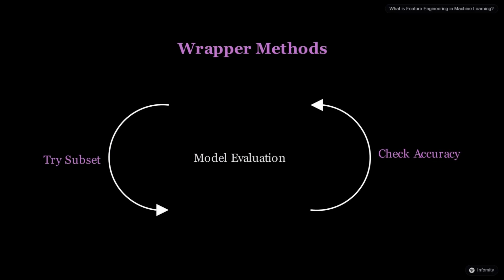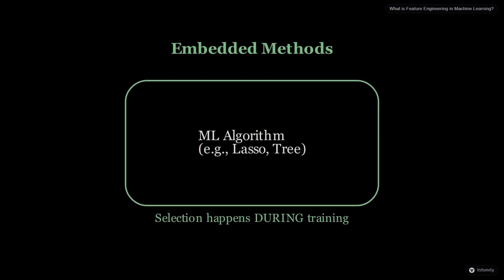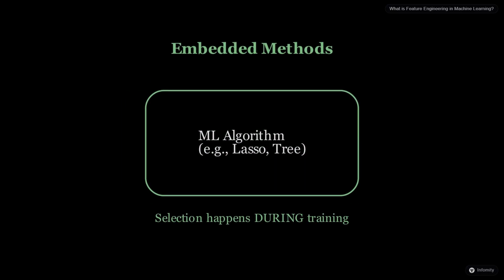Think of it as wrapping the feature selection process around the model training. Finally, embedded methods perform feature selection as an integral part of the model training itself, where the model algorithm has built-in feature selection capabilities, such as lasso regression or tree-based models, which inherently assign importance to features and can effectively ignore irrelevant ones.